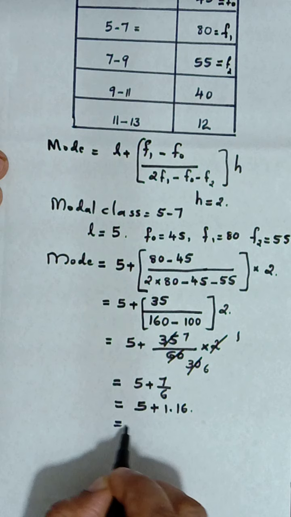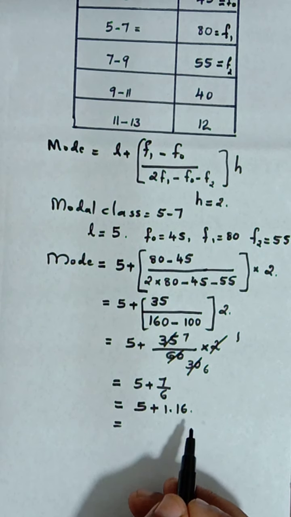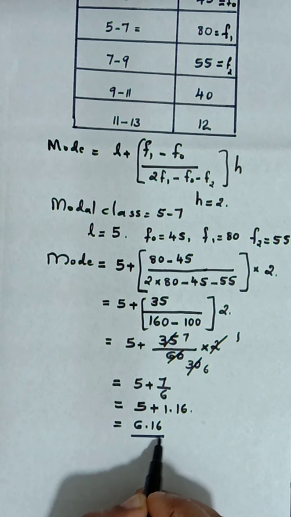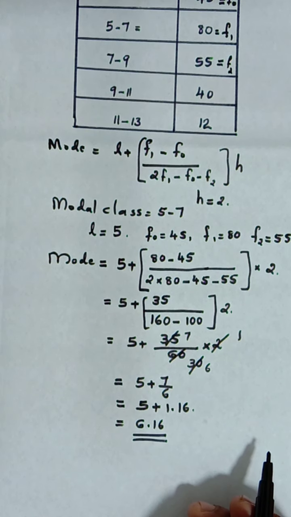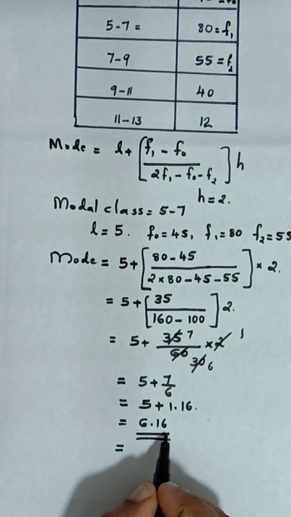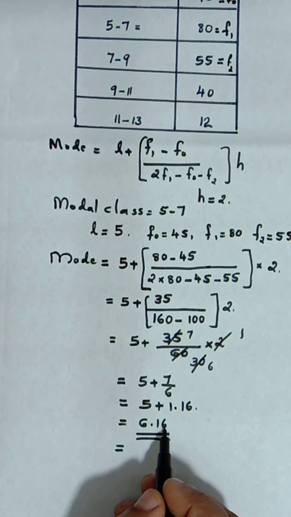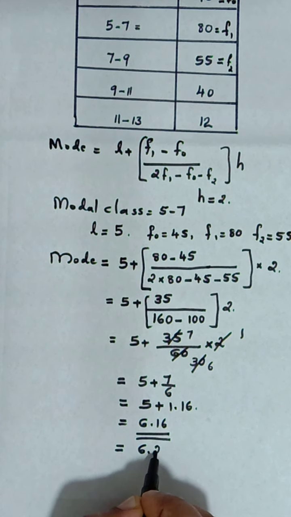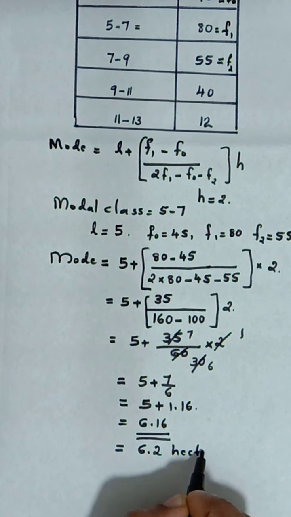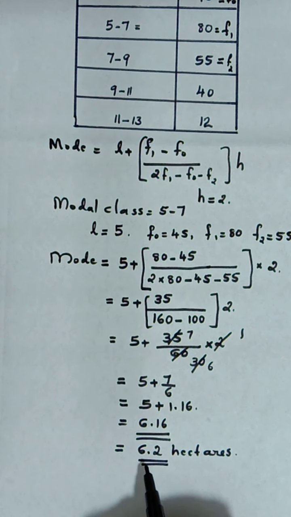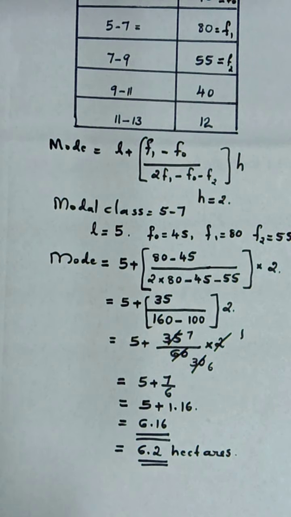The decimal continues, but we will take only 2 decimals. 5 plus 1.16 is 6.16. That is our answer. For 1 decimal, if you want, you can write it: 1 becomes 2, as the second number is 5 or more, we have to add 1 to this. So it is 6.2 hectares. In the unit you have to write it in order to get full marks. Hope you understood. 6.2 hectares.